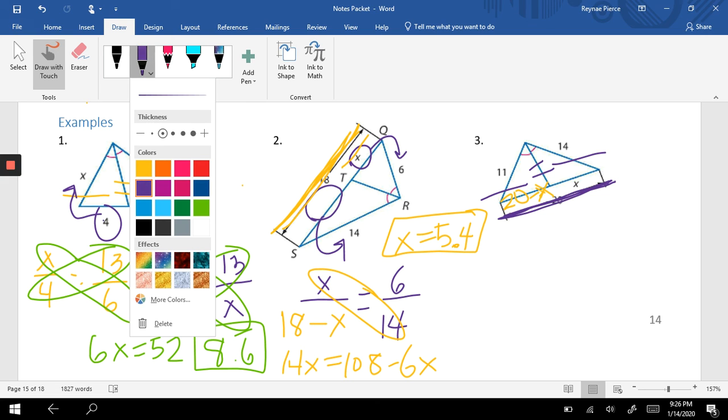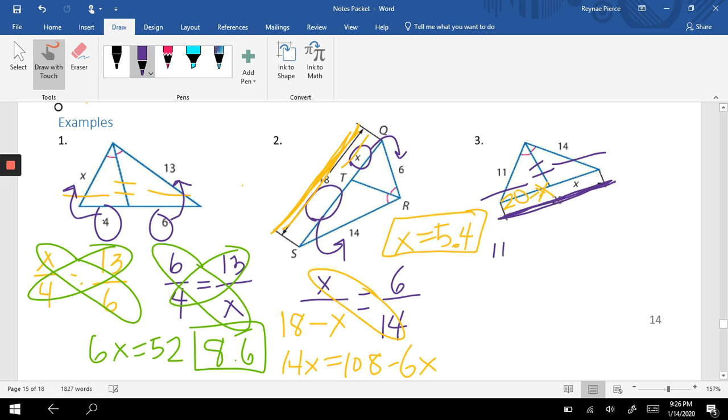So when I'm setting up my proportion, 11 over 20 minus x is one ratio, and then we've got 14 over x as my second. Okay, cross multiply, get 11x equals 280 minus 14x. Okay, add 14x to both sides.